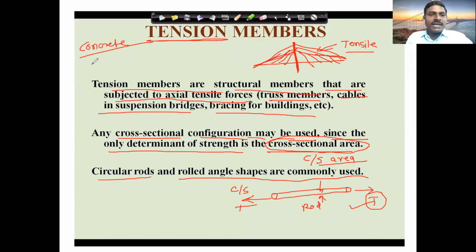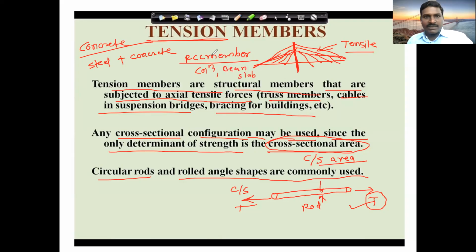In the concrete there are steel and concrete, these two materials. With the addition of these two, we are constructing our RCC member. RCC member means column, beam, slab. Good. This is what we are constructing.